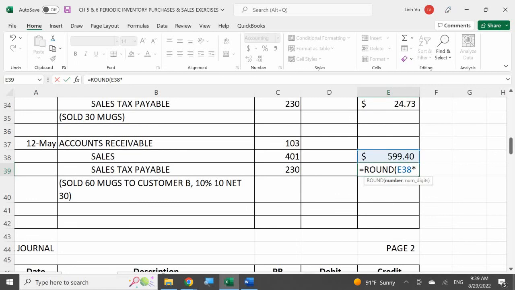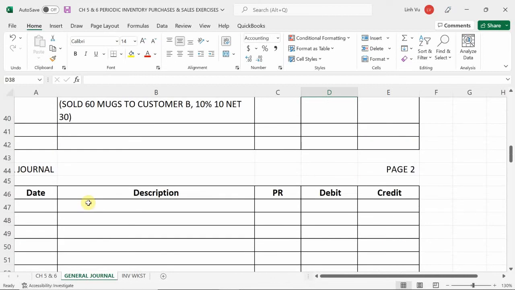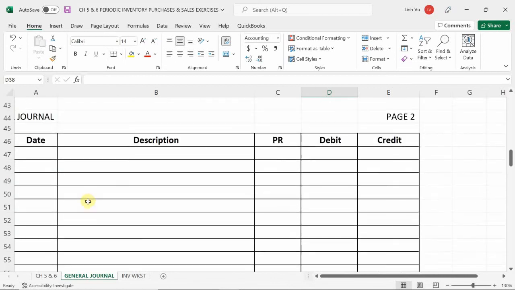Okay. So in grand total, customer B owes us $648.85. Okay. And we reach the end of page 1. So we're going to start on page 2 now.